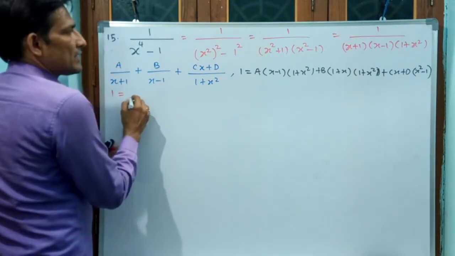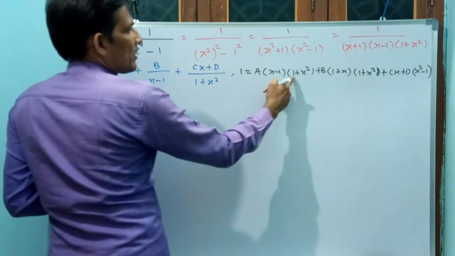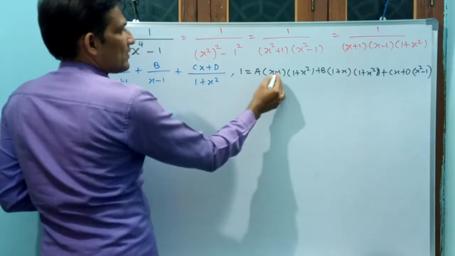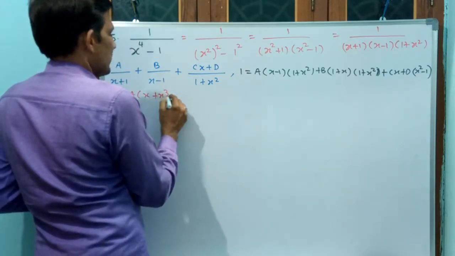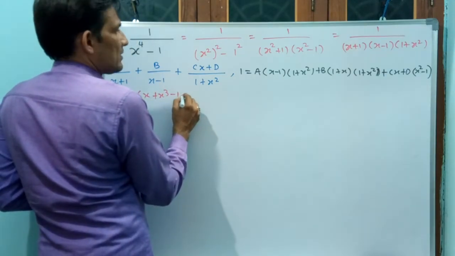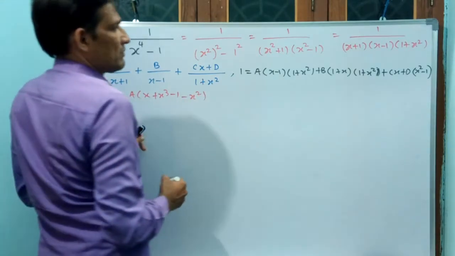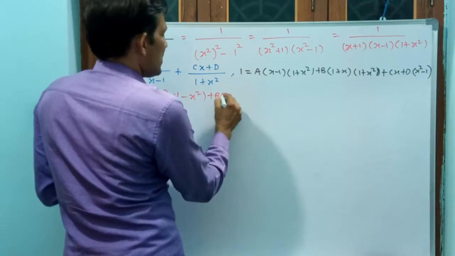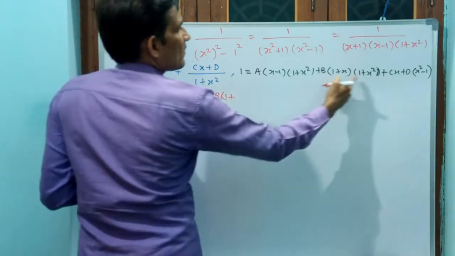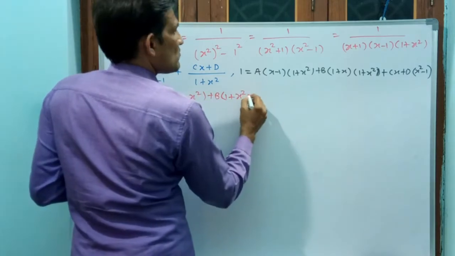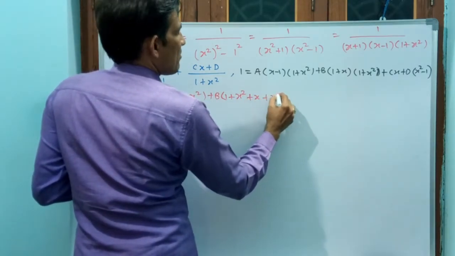Then you write down again LHS or RHS. LHS is 1 only. That is equal to A into x plus x cube minus 1 minus x square, this is for the case of A, plus B into 1 plus x square plus x plus x cube.